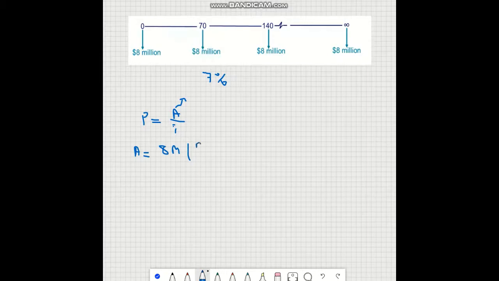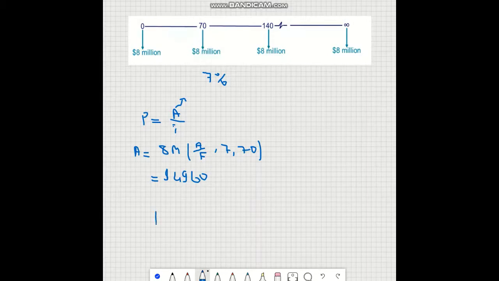We are going to use the annual series over future value factor, 7%, how many years? Yes, 70 years. So when you calculate this, you will find it is $4,960 every year that needs to be paid.